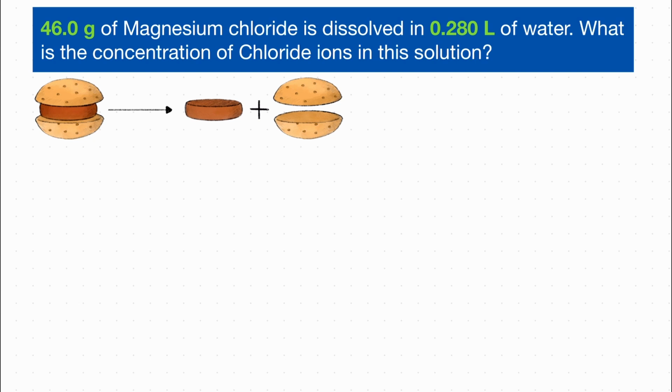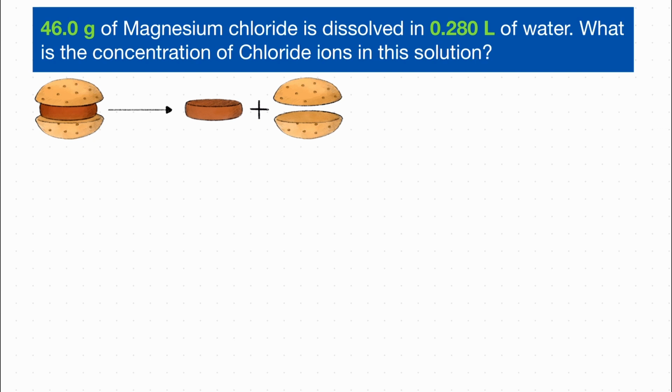It says 46.0 grams of magnesium chloride is dissolved in 0.280 liters of water. What is the concentration of chloride ions in this solution? Okay, so in this problem, they've given us a mass to work with of magnesium chloride. Now, magnesium chloride, we have to make sure we're balancing that out.